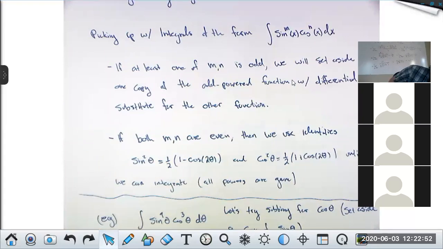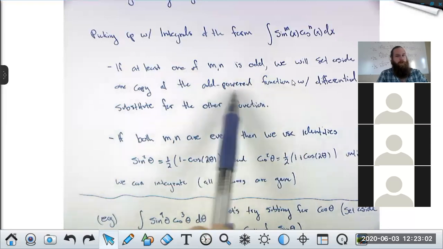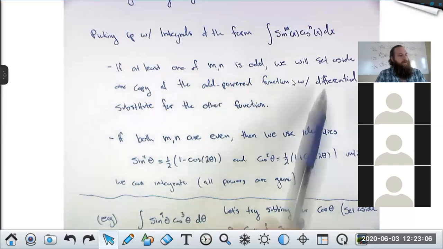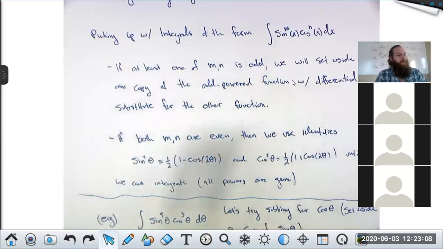When you're dealing with sine cosine integrals, if at least one of the powers is odd, your goal is to do a substitution. The way you do that is by grabbing one copy of the odd powered function. If they're both odd, you have to pick one. Set it aside with the differential, and then substitute for whatever the other function was.